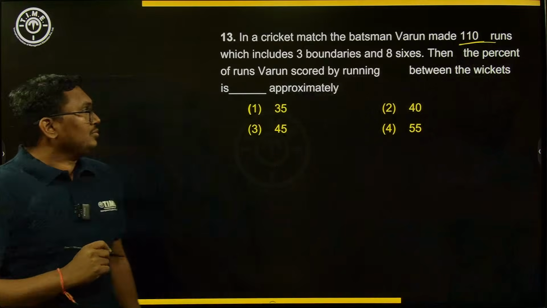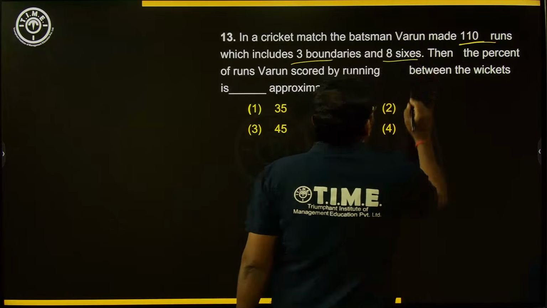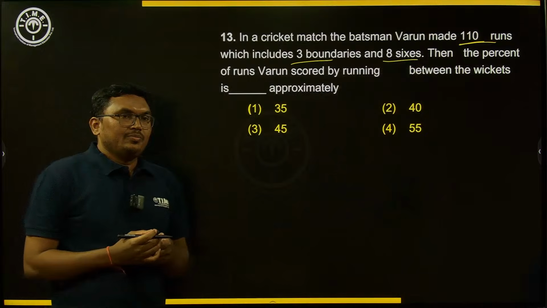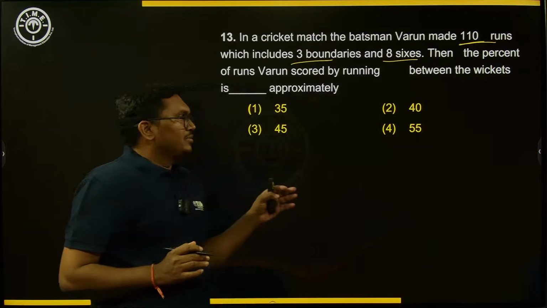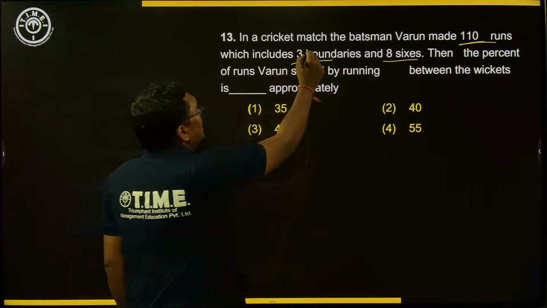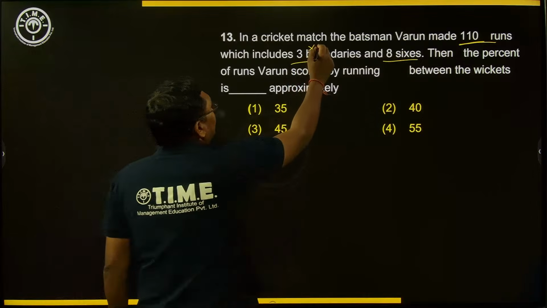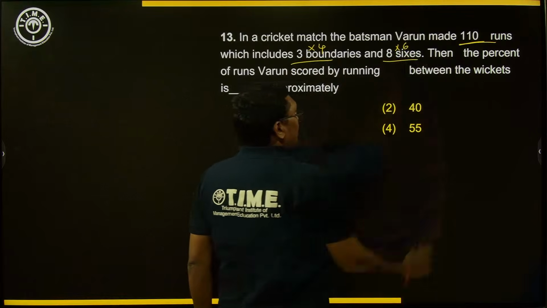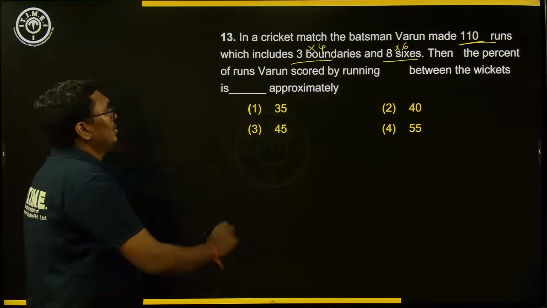Next, which includes 3 boundaries and 8 sixes. సో మనకి క్రికెట్లో ఏమేమి ఉంటాయి, బౌండరీస్ ఉంటాయి, లేకపోతే 6 ఉంటుంది, లేకపోతే సో రన్స్ బిట్వీన్ ద వికెట్స్, రైట్? సో బౌండరీ అంటే ఎన్ని రన్స్ వస్తాయి మనకి స్కోరు? బౌండరీ అంటే 4 రన్స్, రైట్? నెక్స్ట్ 6 అంటే ఎన్ని రన్స్? 6, రైట్? సో హౌ మెనీ బౌండరీస్ ఆర్ దేర్? 3 boundaries. 3 into 4, that is 12.